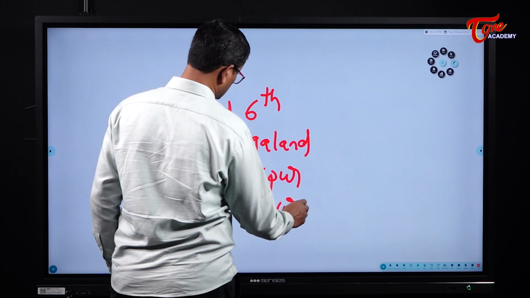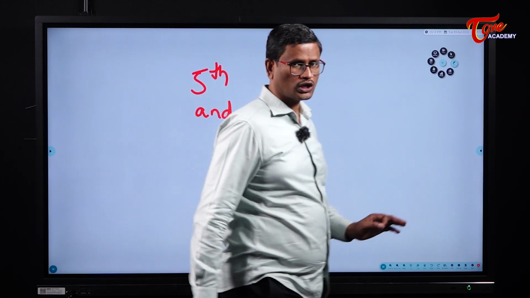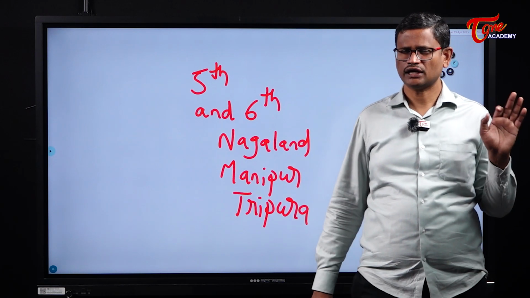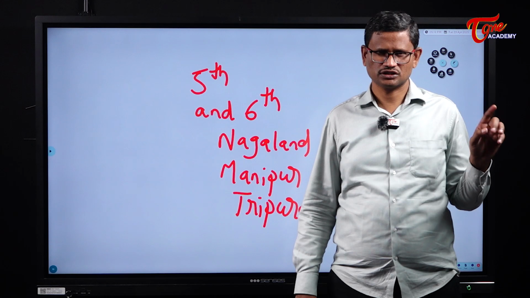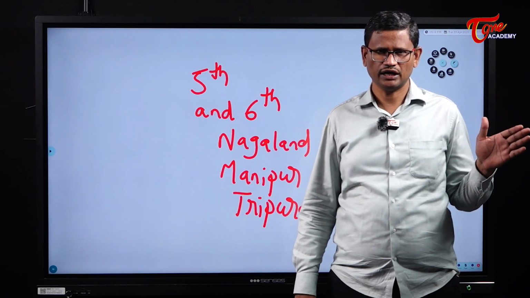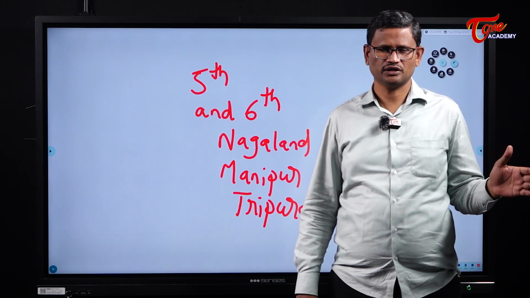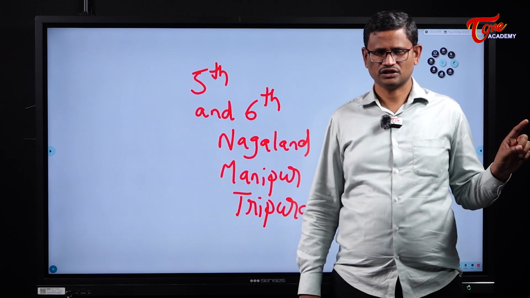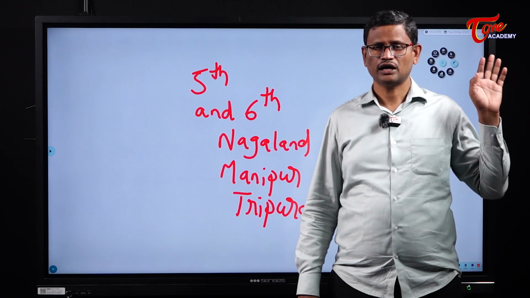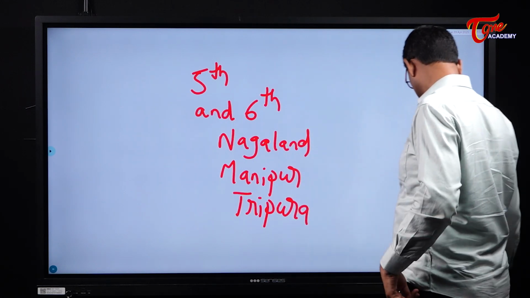So, the provisions of the 73rd Amendment do not apply to certain areas: 5th Schedule areas, 6th Schedule areas, Nagaland, and the hilly areas of Manipur and Tripura.